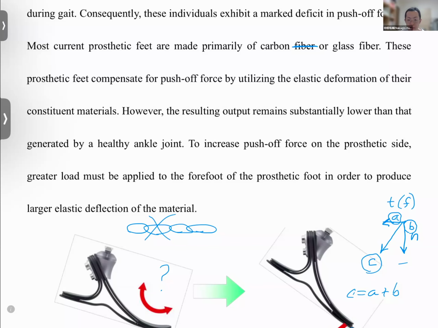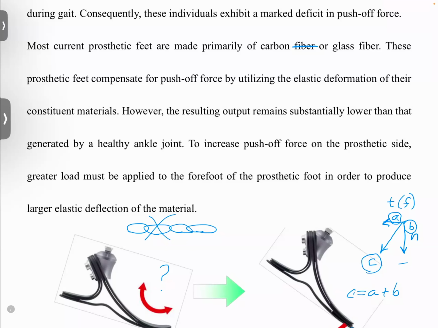To increase push-off force on the prosthetic side, greater load must be applied to the forefoot of the prosthetic foot in order to produce larger elastic deflection of the material. Of the material. Good.